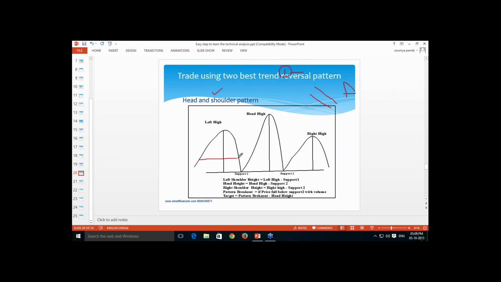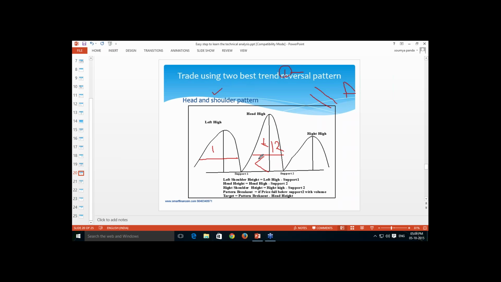So the timing of this event must be, if this has taken 1 hour time to form, this should not take less than 20%. 20% of 1 hour, which is 60 minutes. If you are taking 1 minute candle, if 1 hour is taken to form left high, then the head should not form in less than 20%, which is 12 minutes. So the timing of this head formation should be more than 12 minutes and it should be less than 60%.